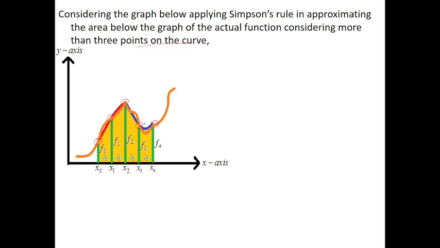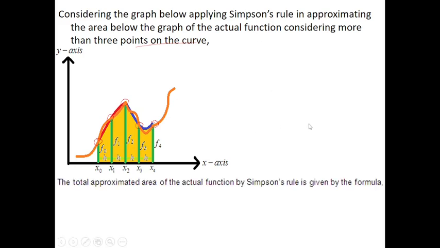Given the 5 points, we are going to use Simpson's rule in approximating the area below the graph of the actual function.